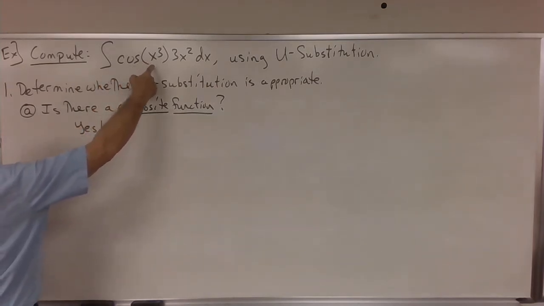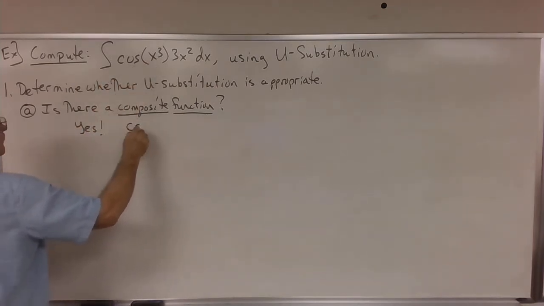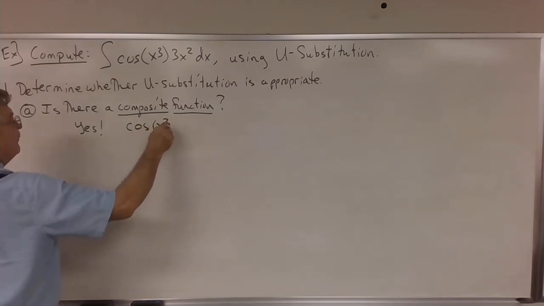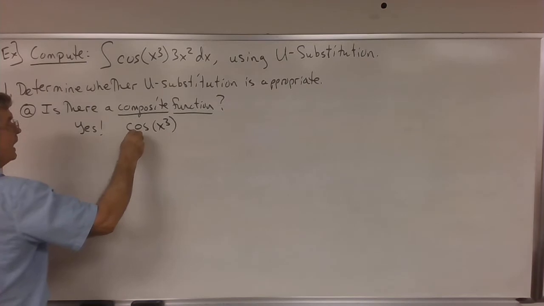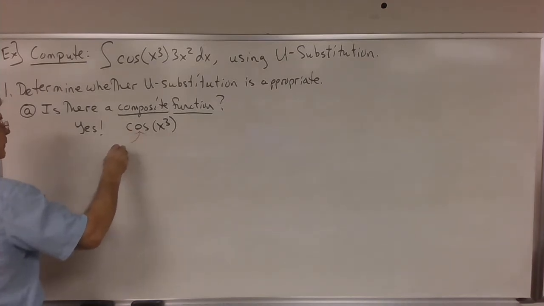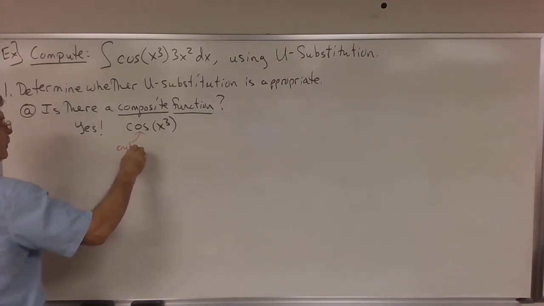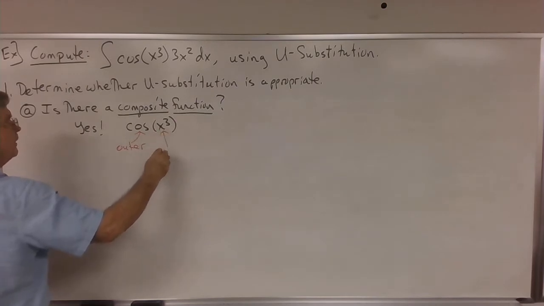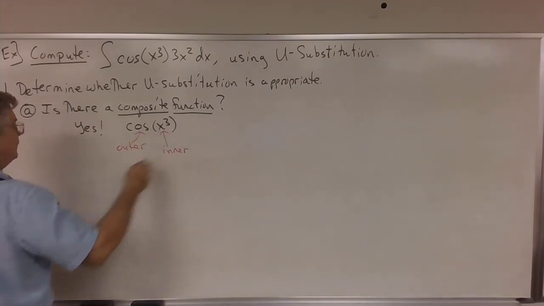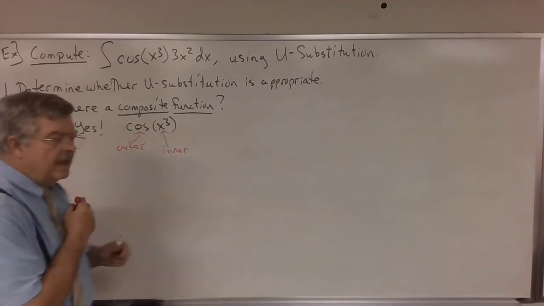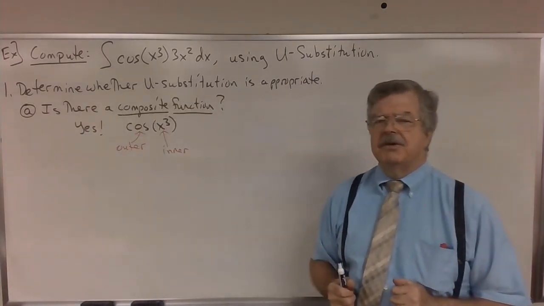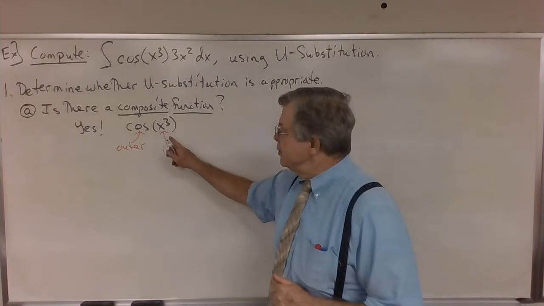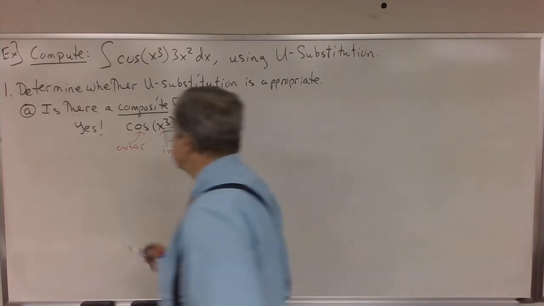Cosine evaluated at x cubed. And here's the outer, cosine. And here's the inner, x cubed. And our rule of thumb for selecting u is to let u be the inner function.